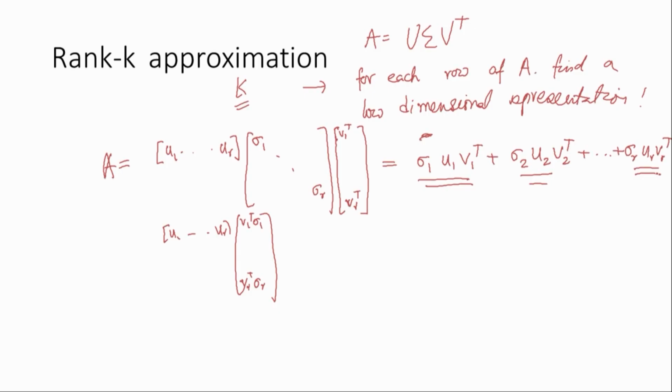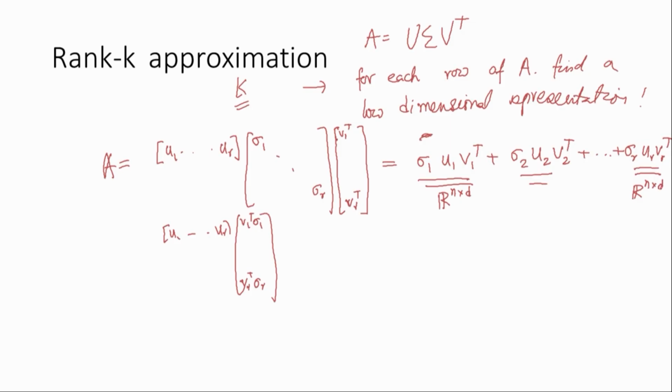What is the dimension of each of these terms? N cross D. See, these are all matrices, N cross D. What is the rank of each one of them? No, the rank of each term. The rank of sigma 1 U1 V1 transpose.